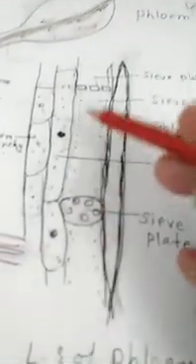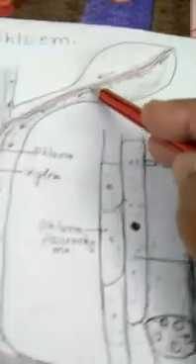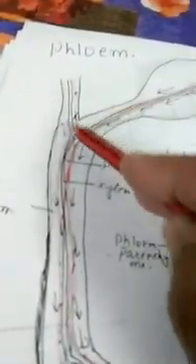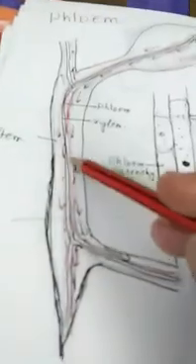So through the sieve tube, the food which is prepared in the leaves is transported in the downward direction. It can also go sideways. You can see where the red line is. This red line represents all these things, and it can go down.